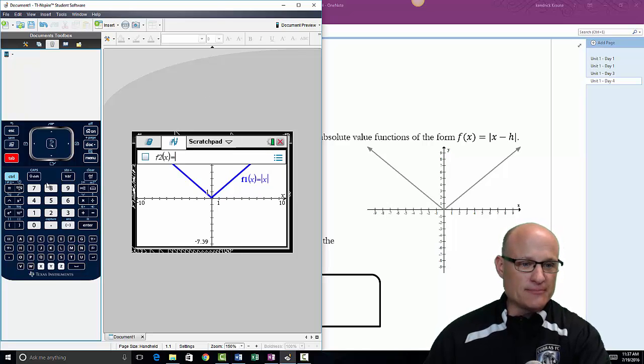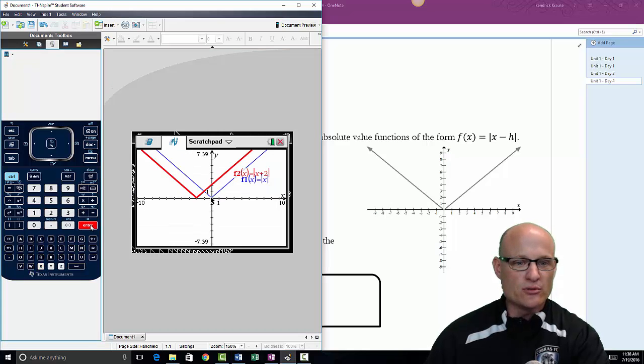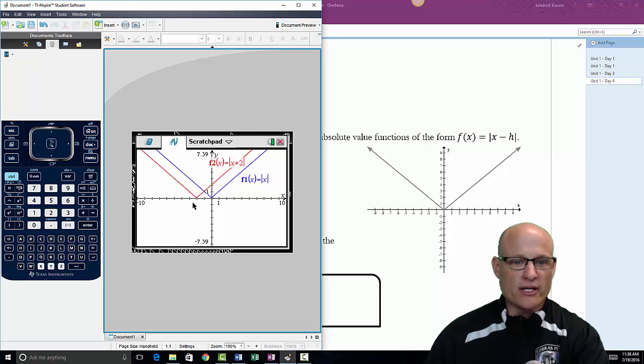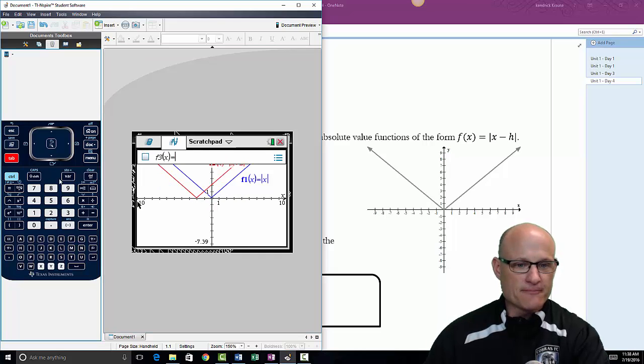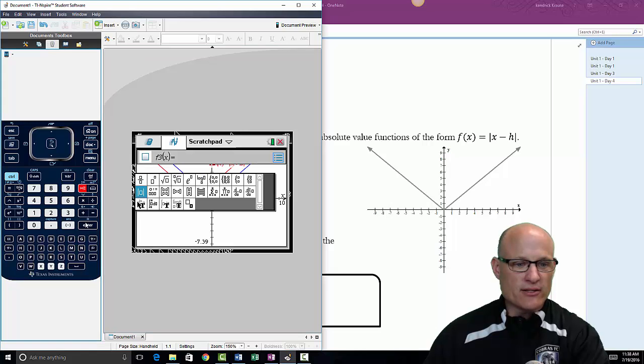So I'll hit the tab button, going into absolute value of x, but this time we're going to add: x plus 2. Oh, it moved to the right. No, it moved to the left 2. Let's hit tab again. Absolute value of x.